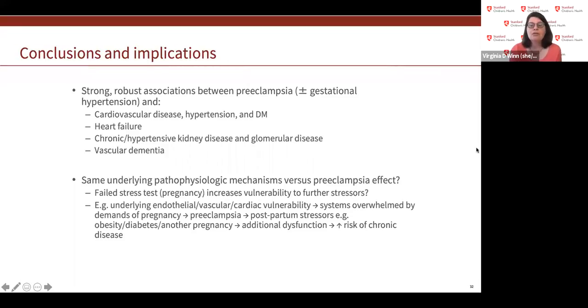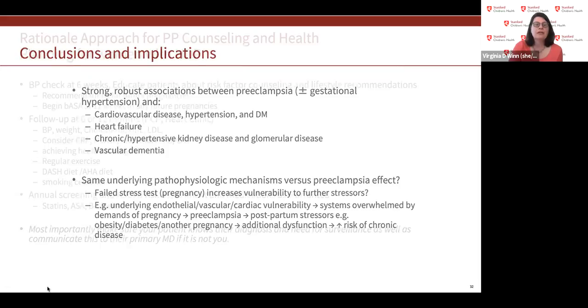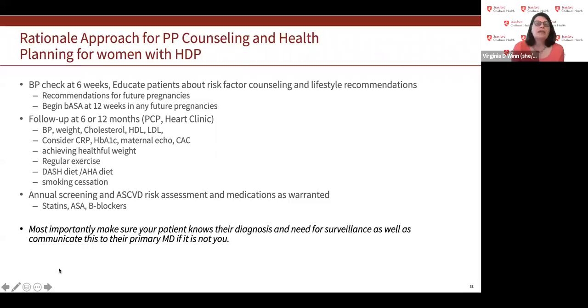Or is there also an increase in changes in the mom because of the disease that increases their response to postpartum stressors and risk factors for later heart and health disease?